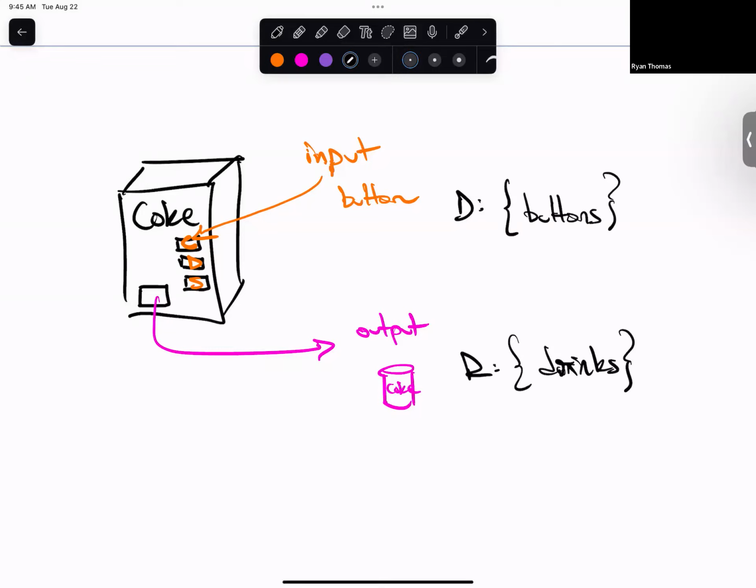Okay. Now, in general, if a thing is a function, which of those two sets, the domain or range, is bigger? Or possibly bigger? Let me say it another way. Can this one be bigger than that one? No. Because in order to be a function, each thing there needs to go to just one thing here.